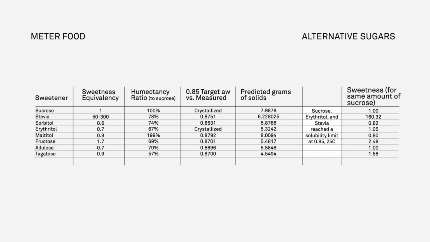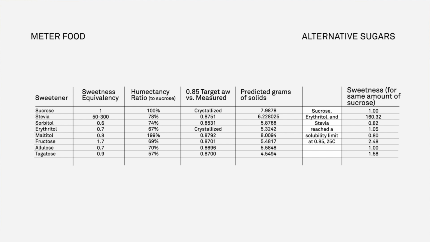So if we have sucrose, we targeted a 0.85 water activity, meaning we made the solution that would give us that specific water activity. So that's what we're talking about for humectancy. How would that compare to sucrose? And so I have this humectancy ratio. 100% would be the same amount as sucrose.